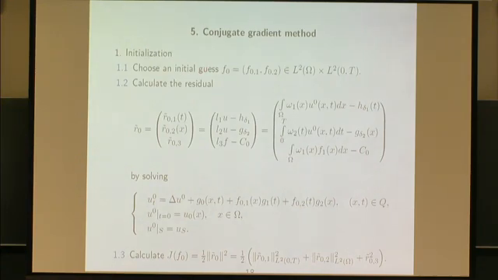We can pick an arbitrary initial guess, f0, and then the first step is to calculate the corresponding residuals, and then solving the direct problem, we can generate the function which we want to minimize, and later on the gradient itself.